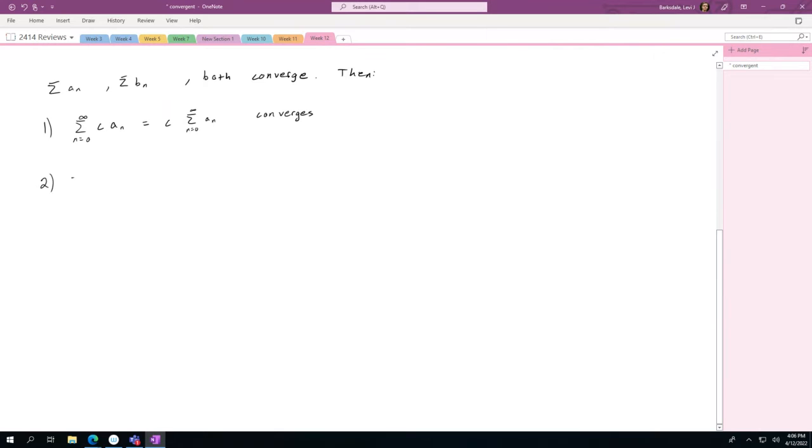I also know that I can take the sum or difference of both of my series, and this should be equal to the sum or difference of the two series if I split it up. Moreover, because both of them converge, I can say that the sum or difference converges as well.